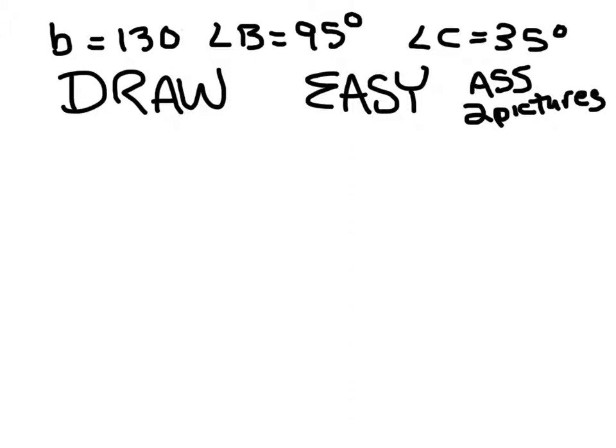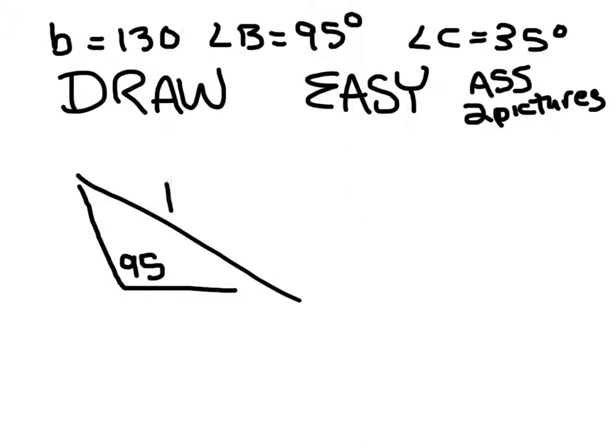So for this problem, it says angle B is 95 degrees. So I'm going to make a 95 degree angle. It says the side across from it is 130. And it says angle C is 35. And it says to solve the triangle.